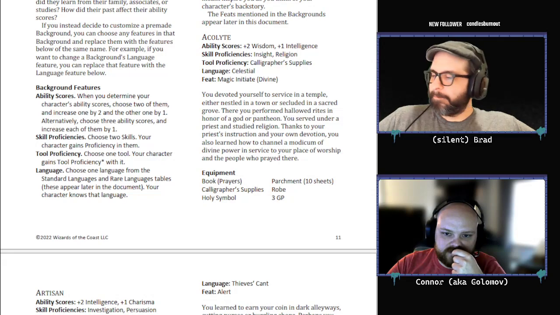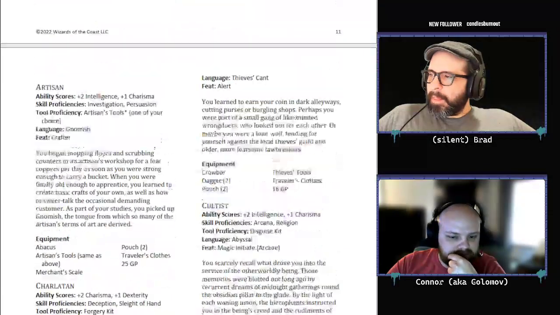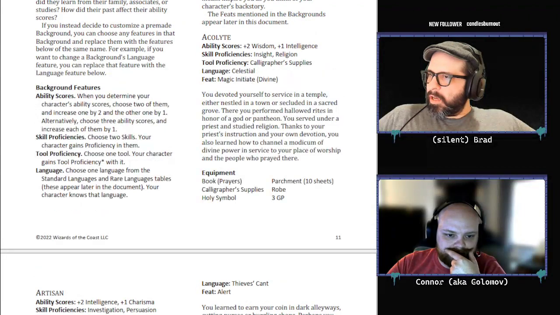Interesting. And actually, let's take a look at what you get in Acolyte. So in base, you get Insight and Religion again. You get 2 languages.